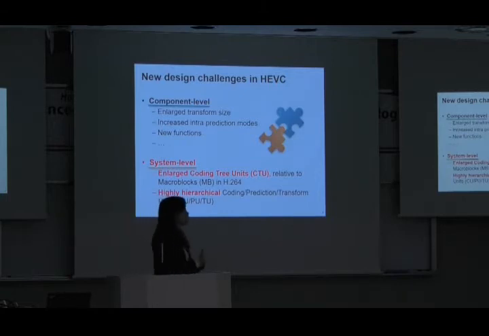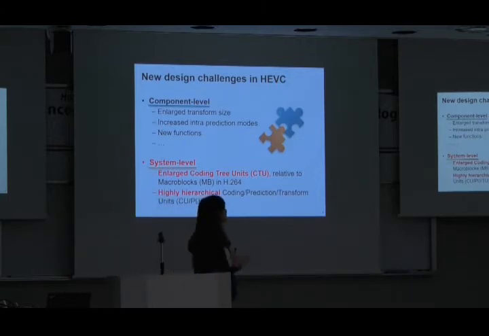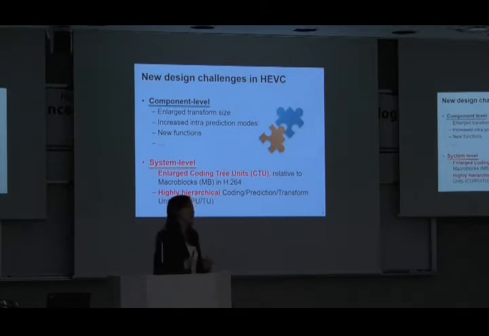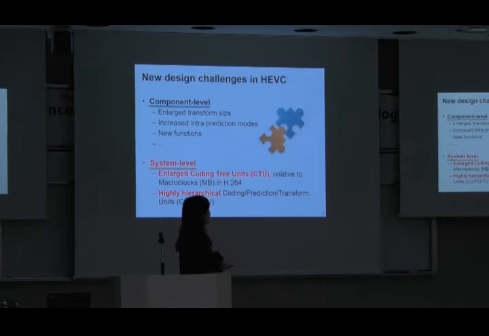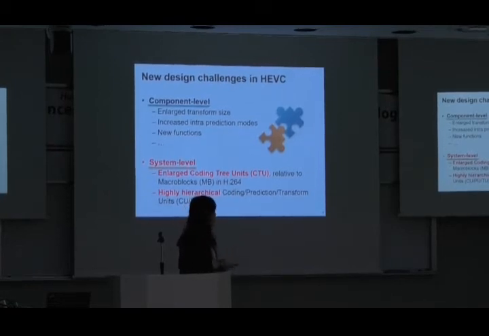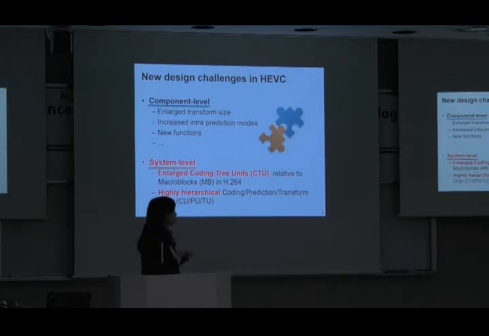Another one, one of the most important, is the system level. Today, because of a time limitation, I will only focus on the system level part. The system level challenge comes from the enlarged coding tree unit and the highly hierarchical size.